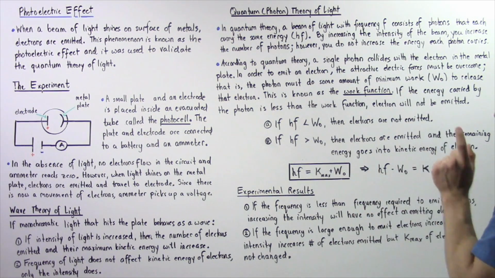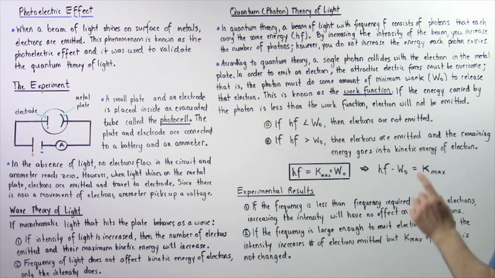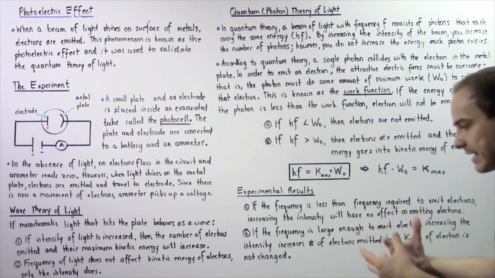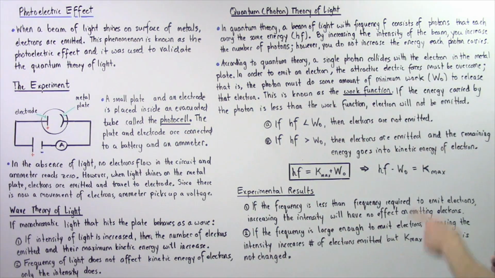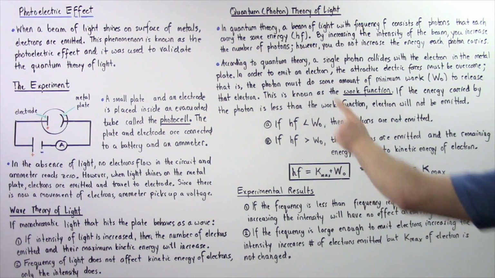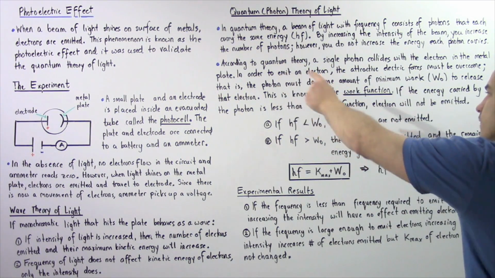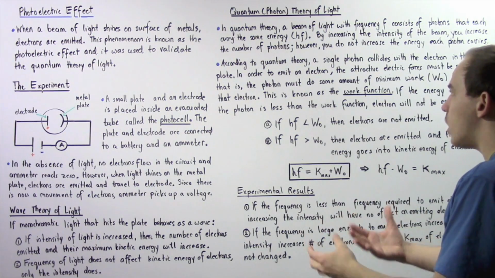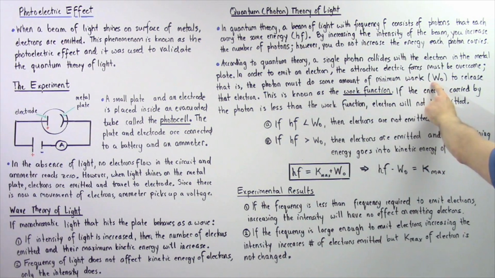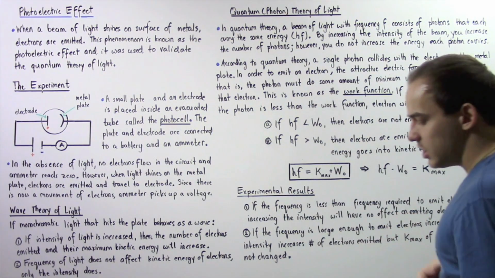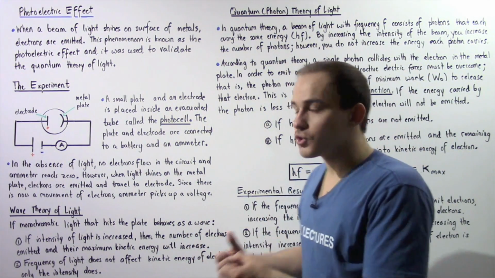In order to emit an electron, the attractive electric forces between the electrons and the protons found in the atom of the metal must be overcome. That is, the single photon must do a certain minimum quantity of work, given by W naught, to actually release that electron.